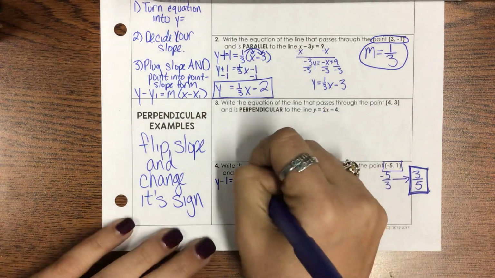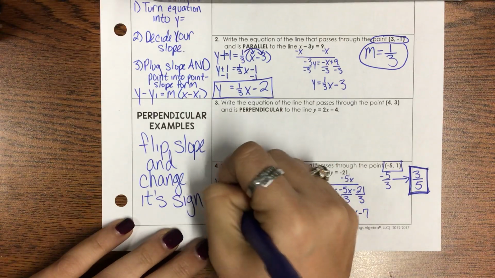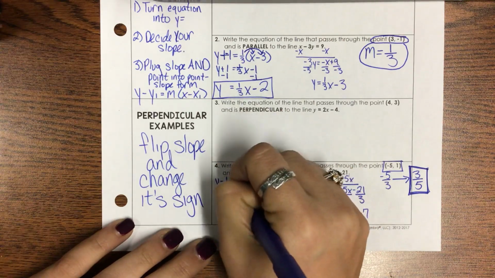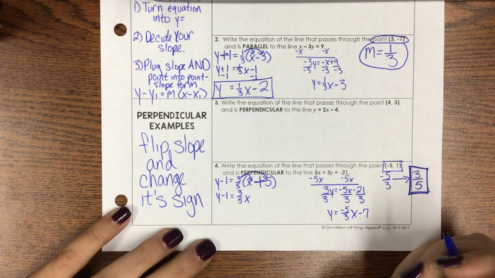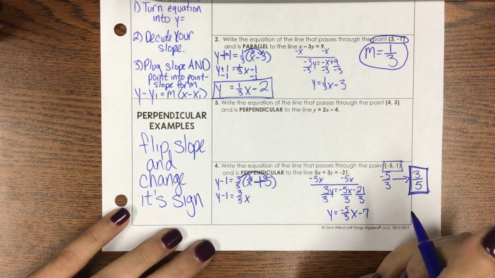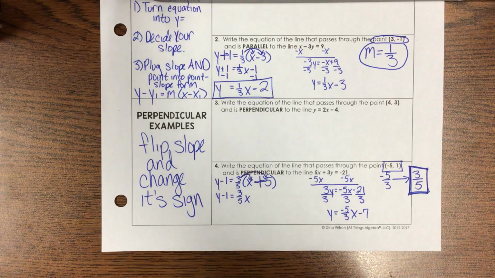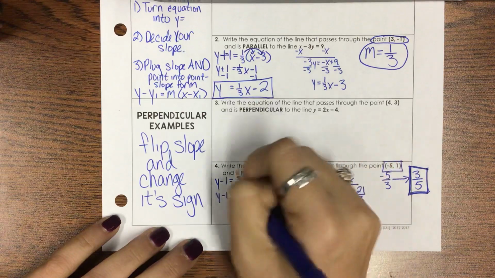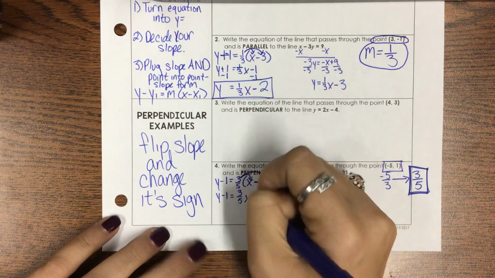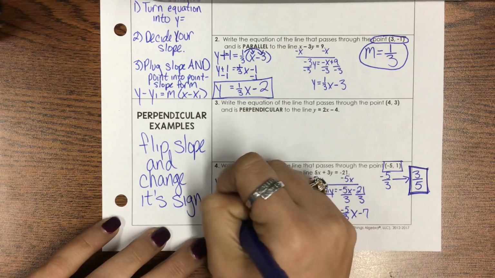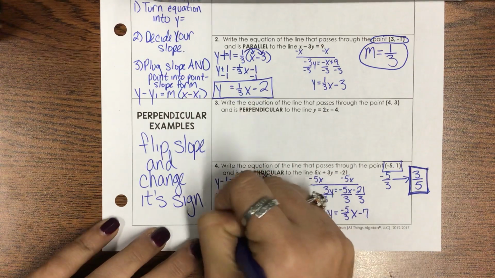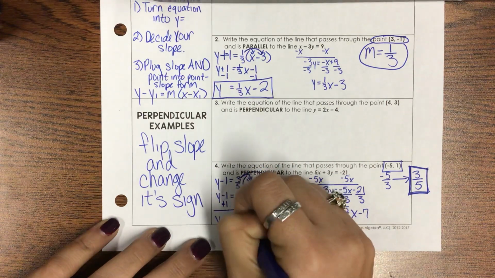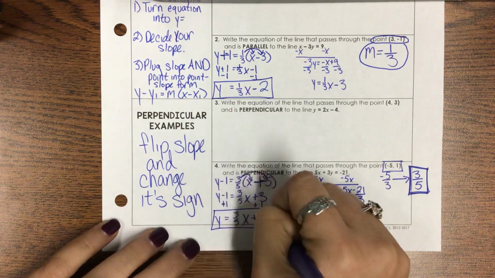Subtracting a negative number is like saying plus. y minus 1 equals 3/5 x, 3/5 times 5 is going to be plus 3. I'm going to add 1 on both sides. So y equals 3/5 x plus 4.